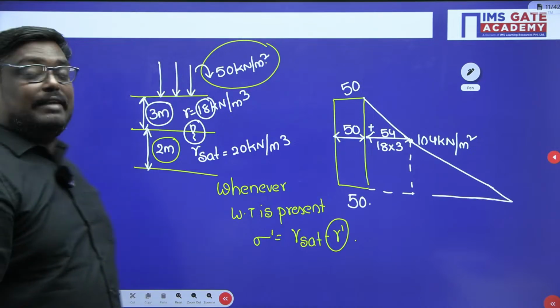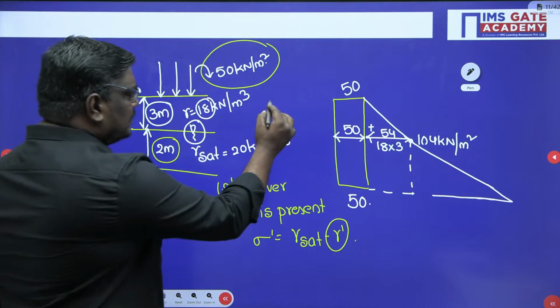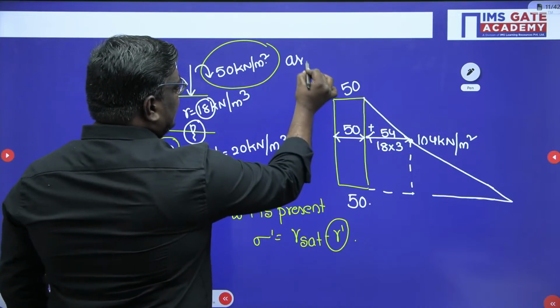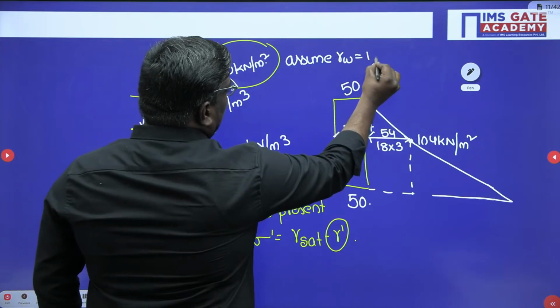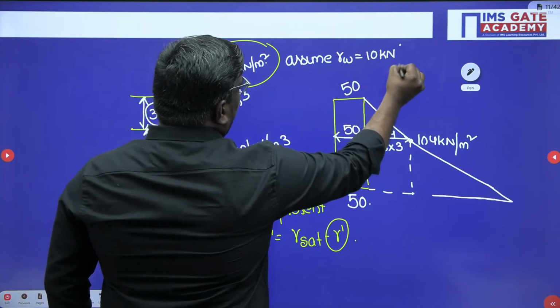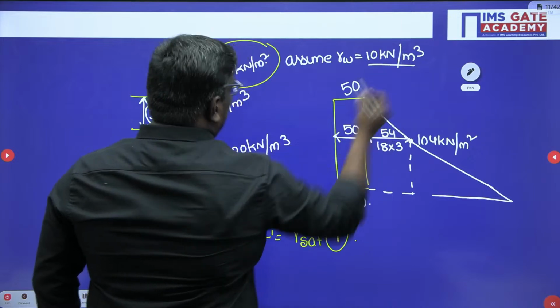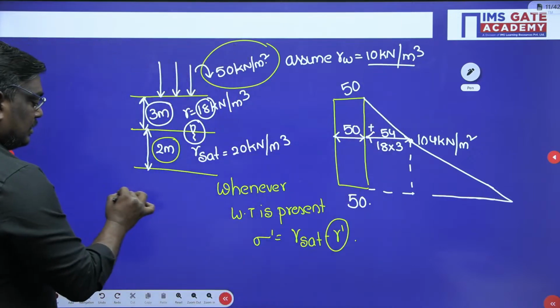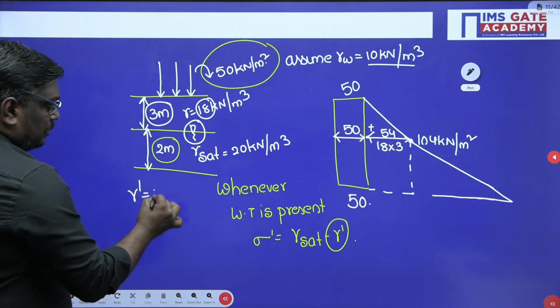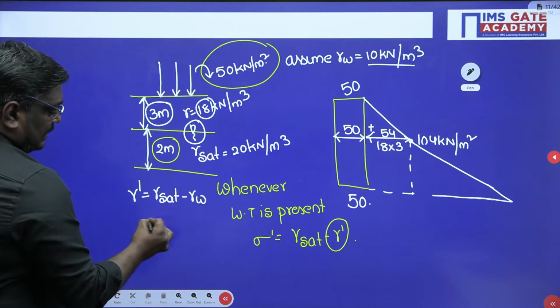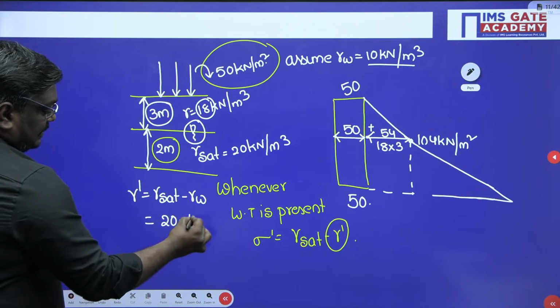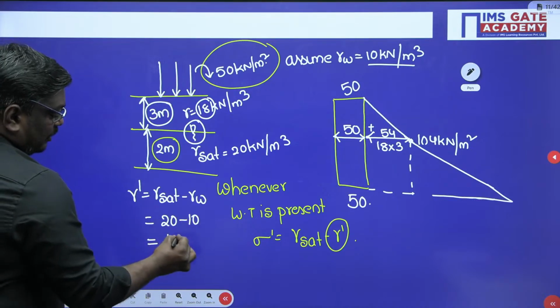Very good, Arvind. It will be replaced by gamma dash. So assume, for easy calculations, gamma W is equal to 10 kilonewton per meter cube. What will be gamma dash? Gamma dash will be equal to gamma sat minus gamma W, so that is 20 minus 10, equal to 10 kilonewton per meter cube.